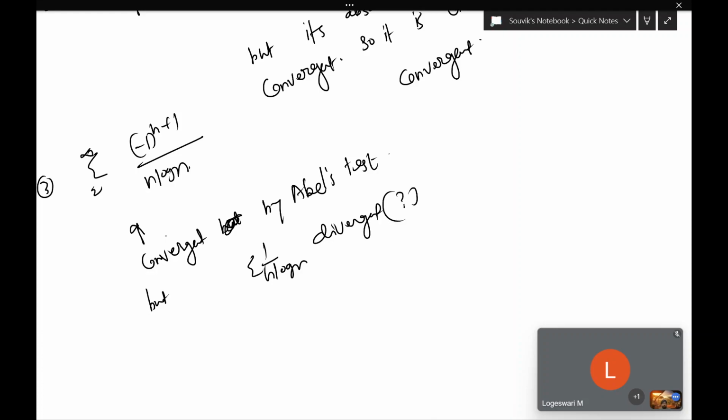I think you are smart enough to get the point why this summation 1 by n log n is divergent. So the series summation (-1)^(n+1) by n log n is conditionally convergent.